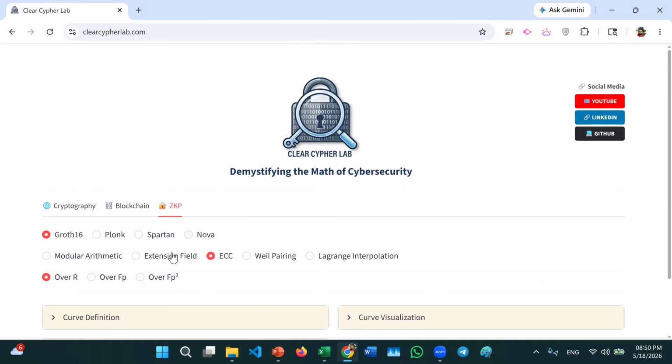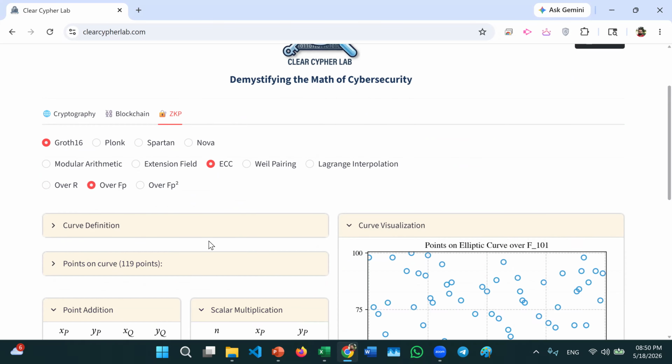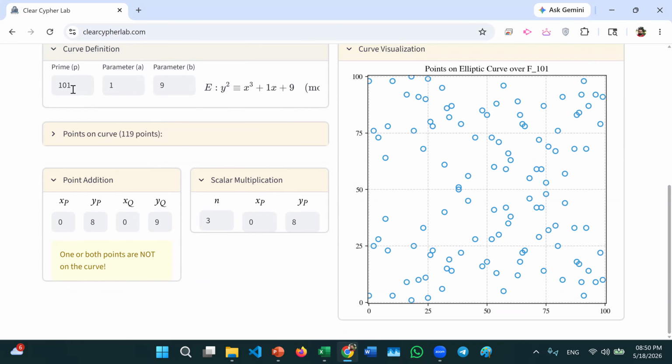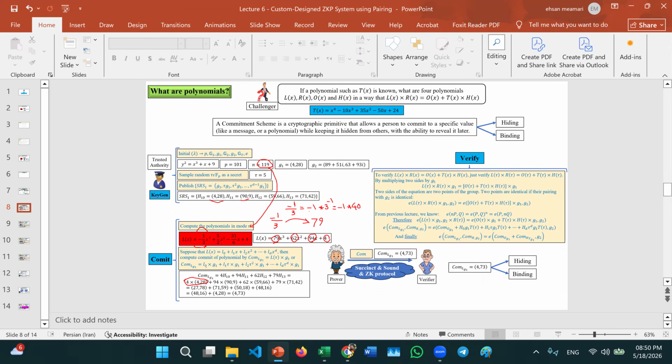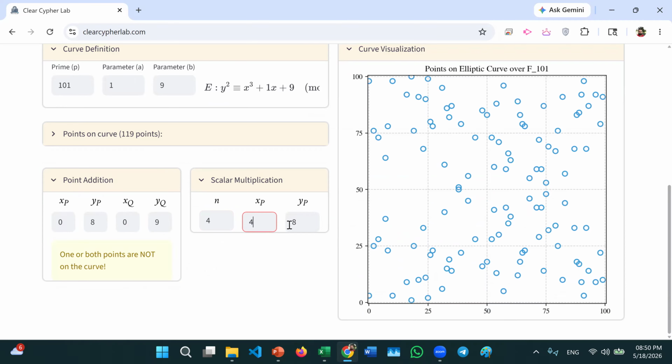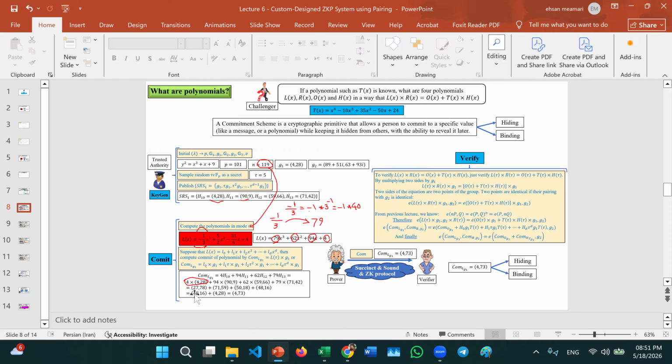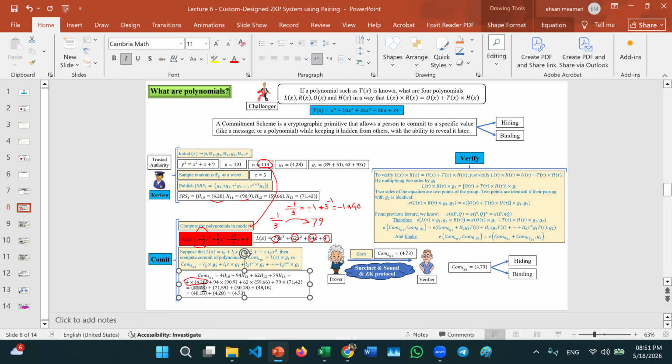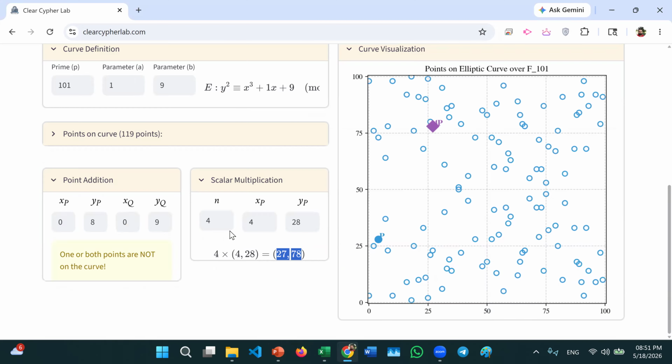In the elliptic curve over F sub p, the curve and the prime are set already. So just put 4 here, 4 times 4 and 28, and it equals 27 and 78, right? 27 and 78.